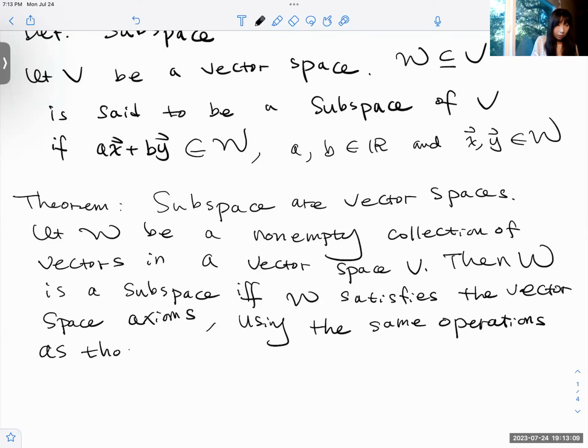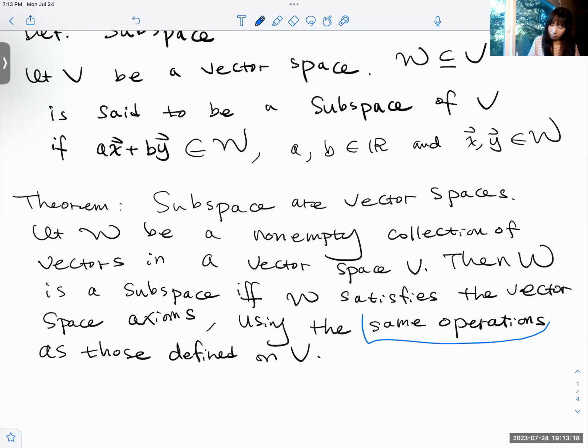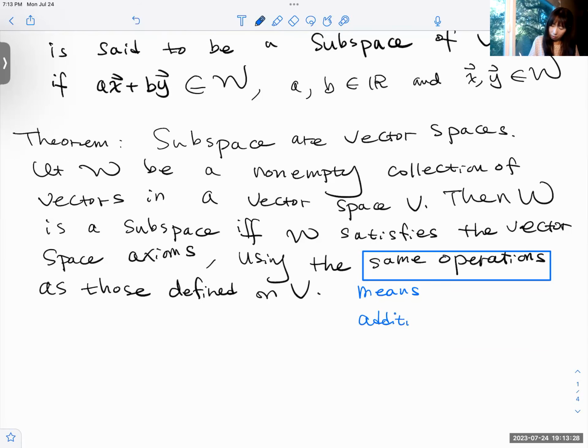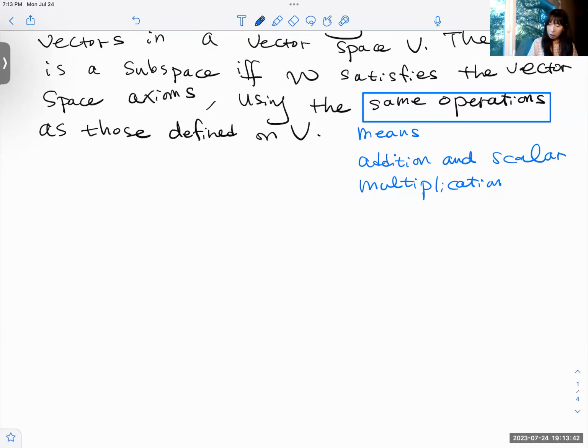This was defined on V, so that means addition and scalar multiplication. Okay, so I brought here the vector axioms.